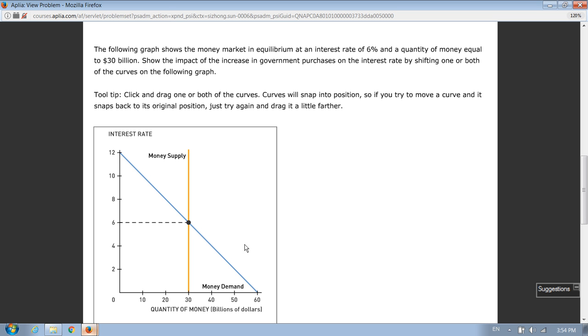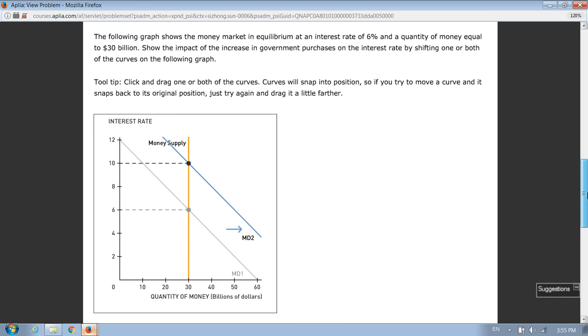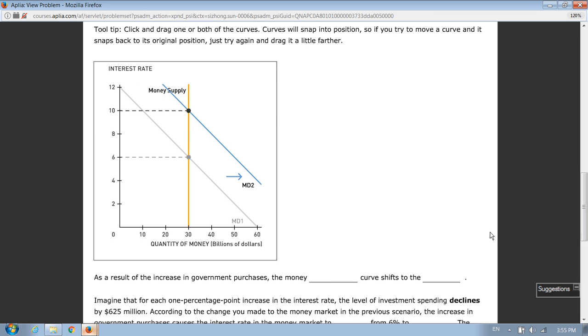When the price goes up, people need to hold more money in order to deal with the day-to-day transactions. So the money demand curve shifts to the right as a result of the increase in government purchases.